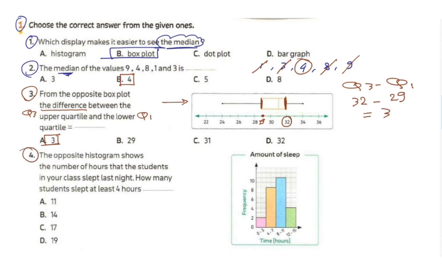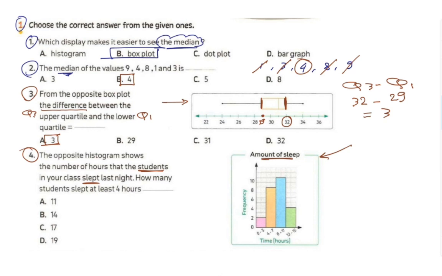Point 4. The opposite histogram shows the number of hours that a student in your class slept last night. Okay, how many students slept at least 4 hours? Now we have a histogram called amount of sleep.